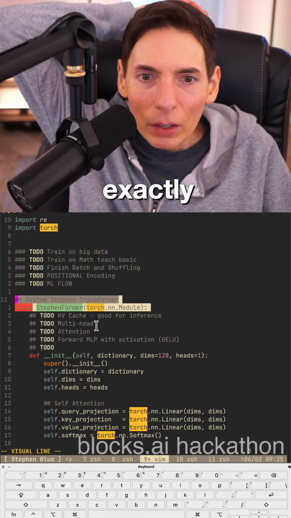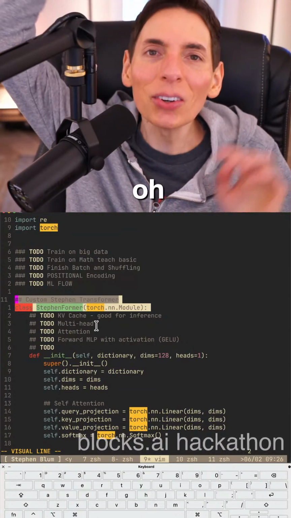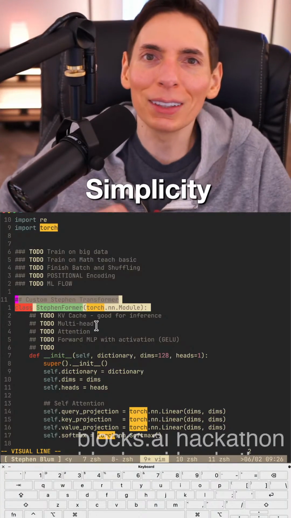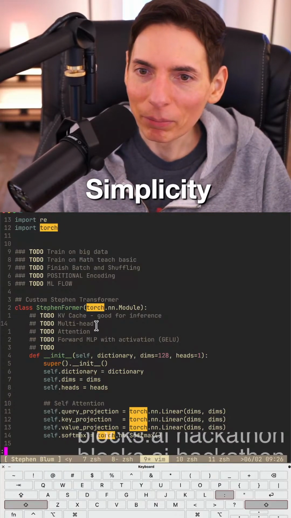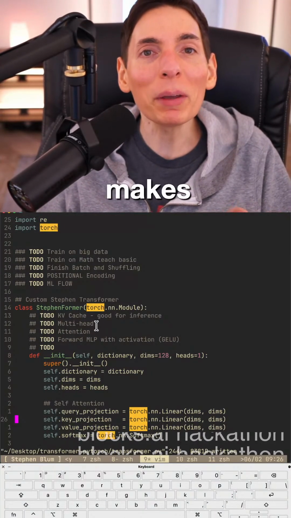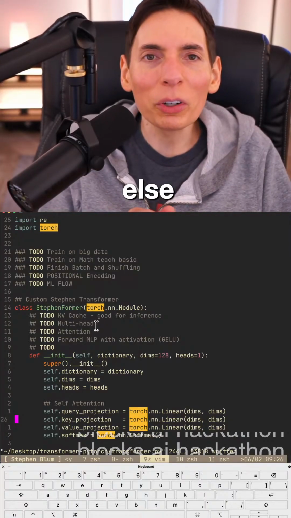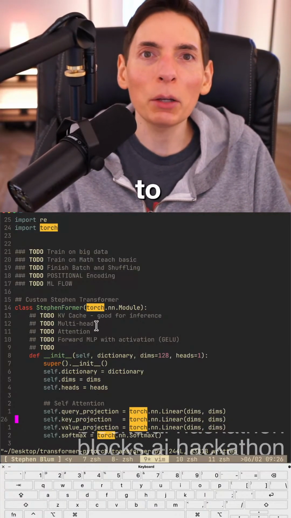Exactly. But your screen looks so clean, dude. Honestly, it's relaxing. Oh, it's so great, isn't it? Simplicity. That's the whole goal. I like simplicity. It's fantastic. I love the simplicity. Makes me happy. Got to do what makes you happy, right? Because that's what. Well, why else? What's the point? I think seeking happiness is probably, maybe that's the answer to life?